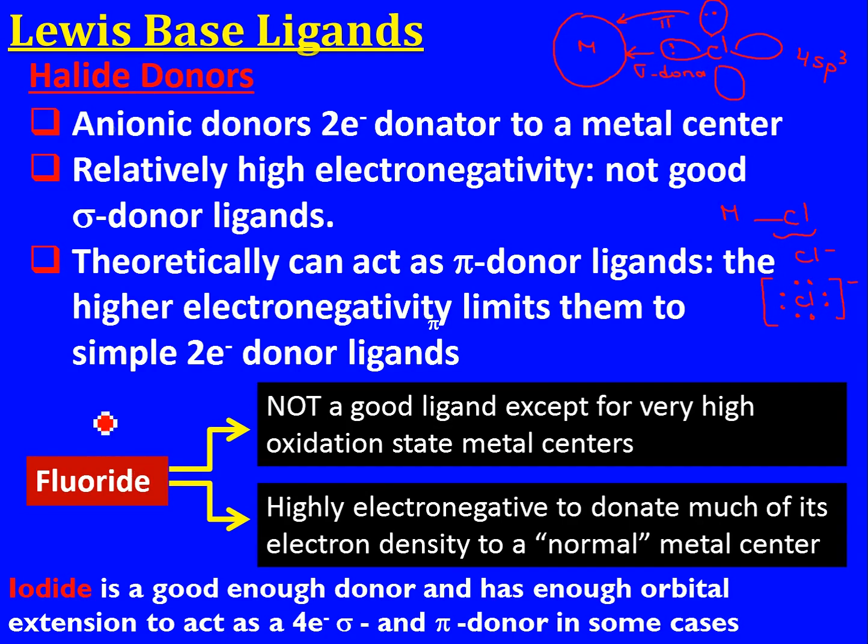The fluoride is not a good ligand. Why? Because F minus, or F, is the most electronegative element in the periodic table, so it cannot donate these electrons easily to the metal M. And as we said, iodide, of lowest electronegativity in the family of halides, is a good enough donor and has enough orbital extension to act, for example, as 2 electron sigma donor or 2 electron pi donor or 4 electron sigma or 4 electron pi donor.